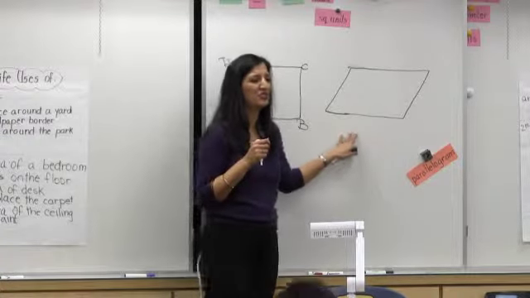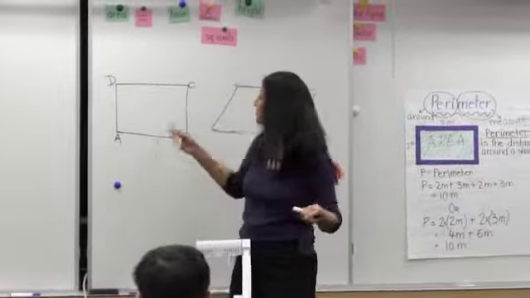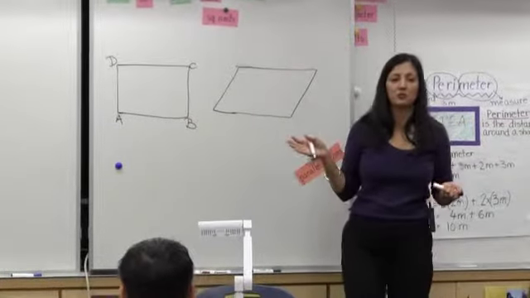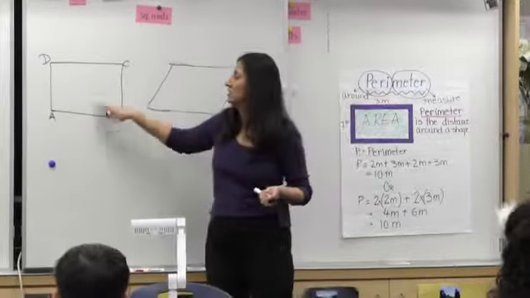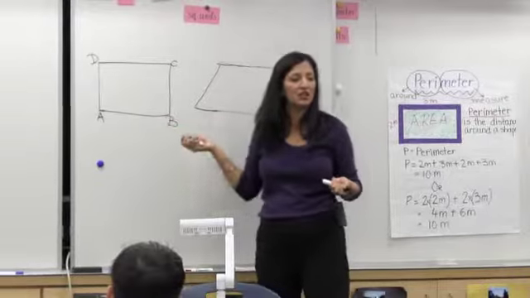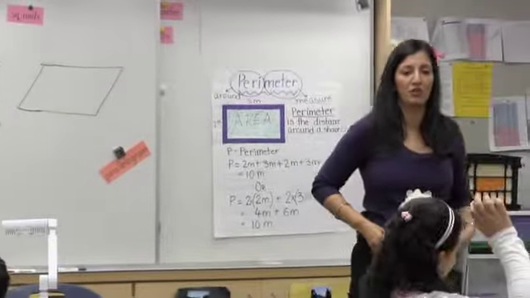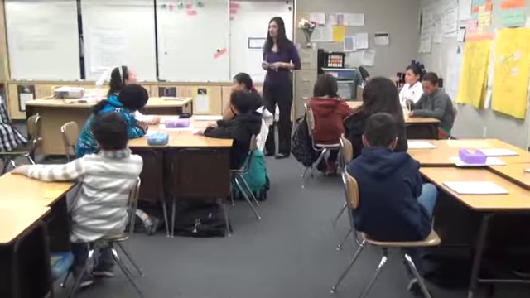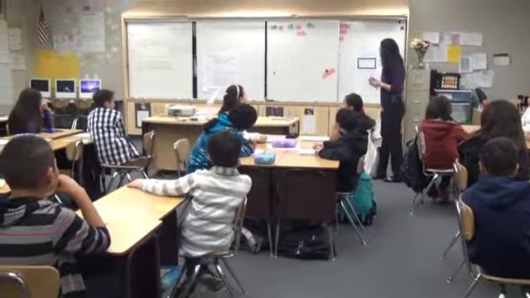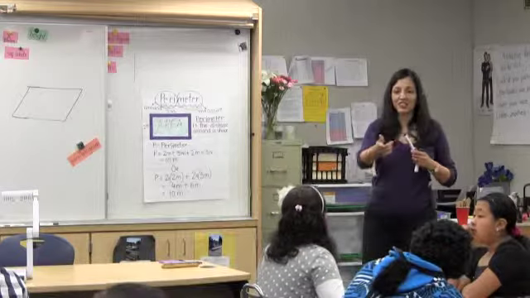But what is really a parallelogram? How can we define it? Just like we looked at our rectangle yesterday and we said the opposite sides are equal in a rectangle, what is so special about a parallelogram? What do we need to know about a parallelogram? Maritza? The sides are all parallel. Opposite sides are parallel.